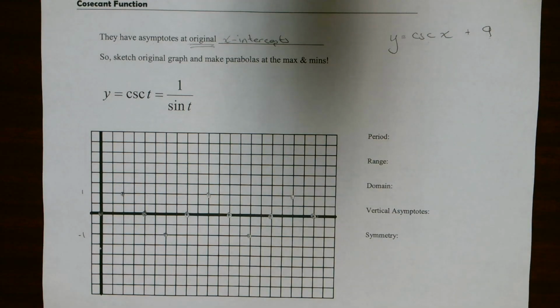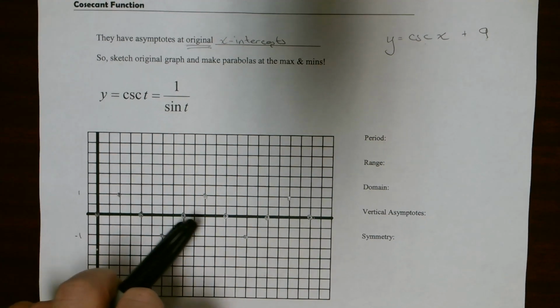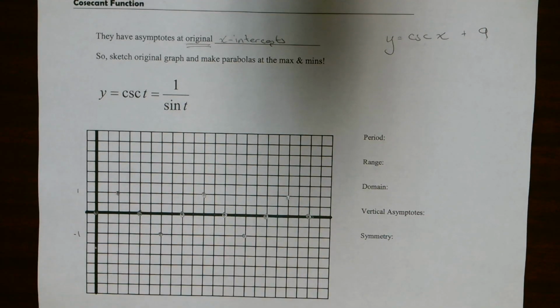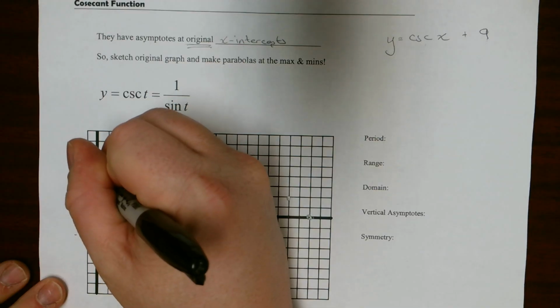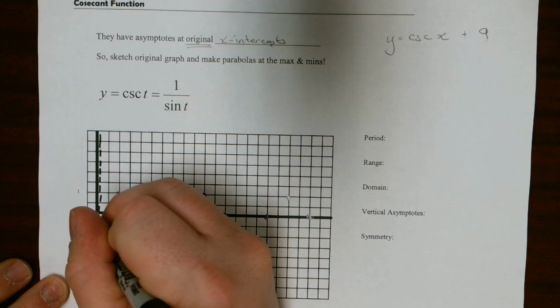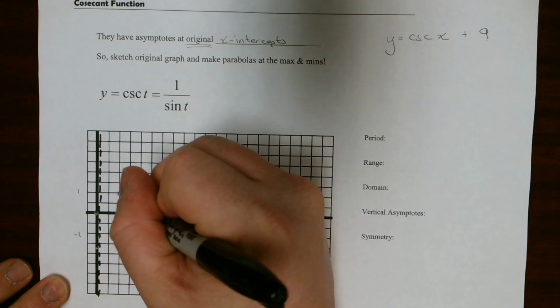Beautiful. So now, wherever sine has an x-intercept, cosecant is going to have a vertical asymptote.